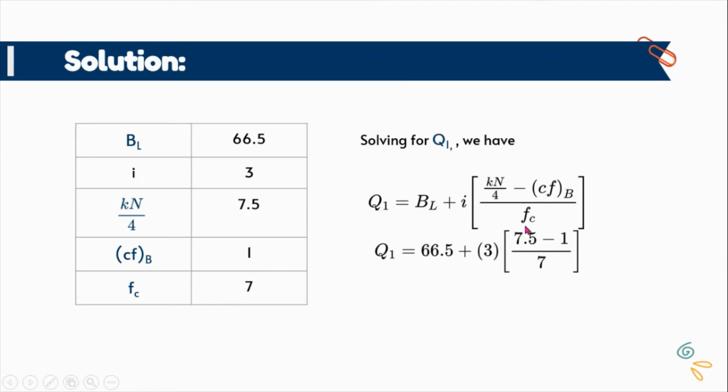By substitution, our B sub L is 66.5 plus the class size 3 times the quantity of 7.5 minus Cf sub b, which is 1, all over 7, or the F sub c. And that is, the first quartile is approximately 69.29.